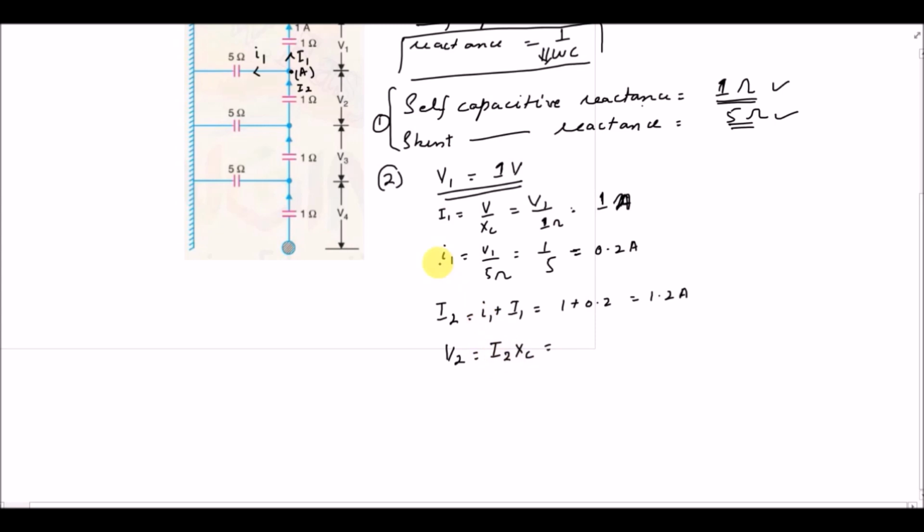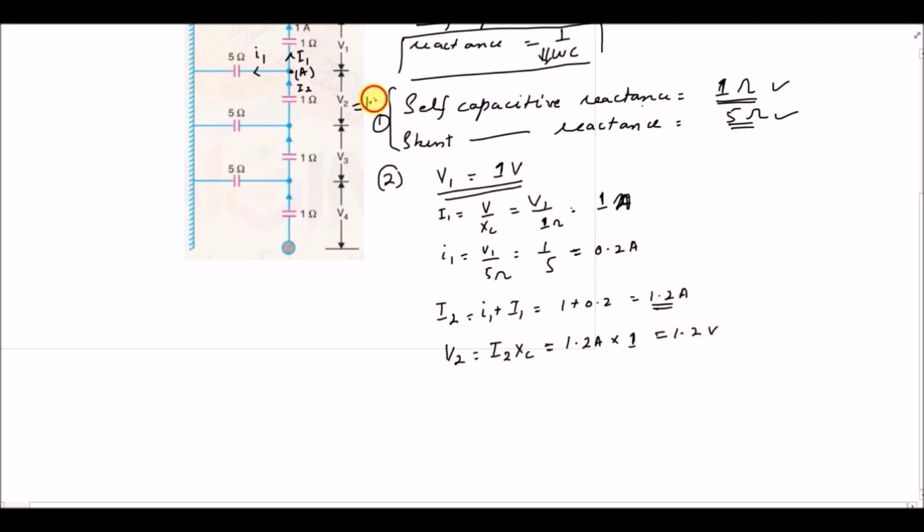The current through the capacitor is capital I2, that is 1.2 ampere, and the capacitive reactance XC is 1 ohm. So the voltage V2 will be 1.2 volt.